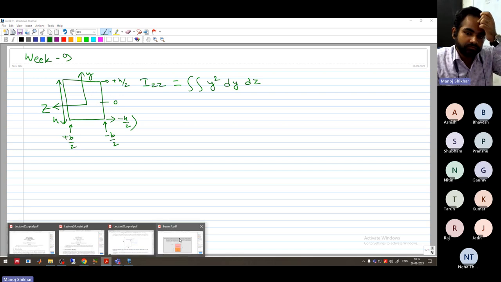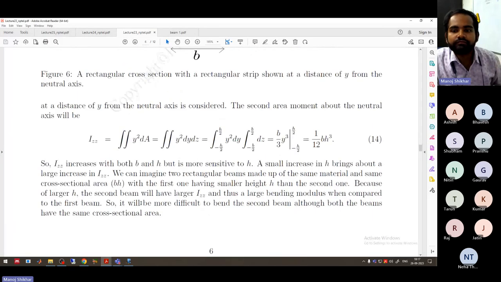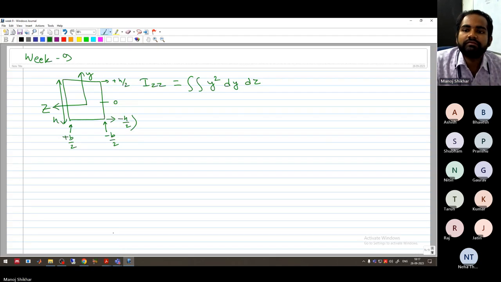This is pretty straightforward; in this formula you just have to substitute the limits. Maybe I should first write dz. The limit for z will be minus b by 2 to b by 2, and the limit for y will be minus h by 2 to h by 2.